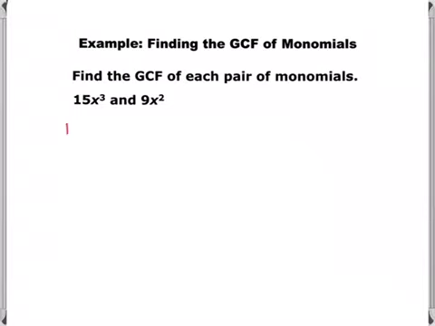So we know 1 goes into 15, 3 goes into 15, 5 goes into 15, and so does 15. Then for 9, you've got 1, 3, and 9. The largest common factor between the two is 3. So the coefficient's GCF is just 3.